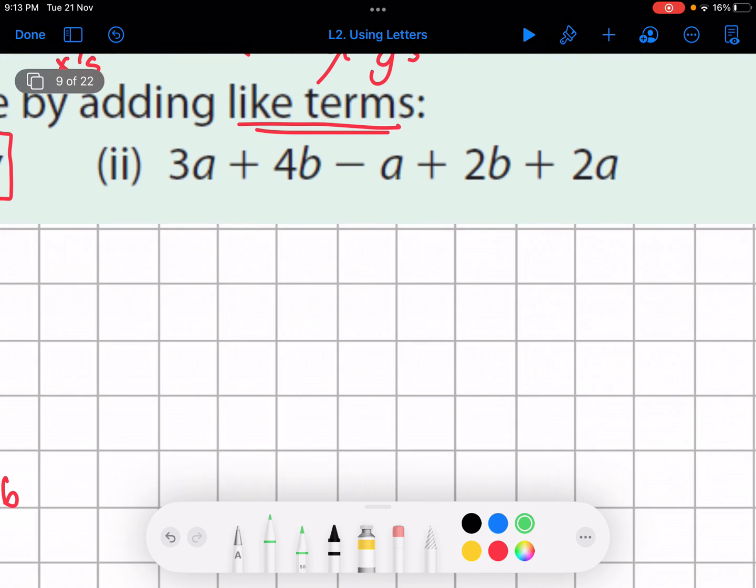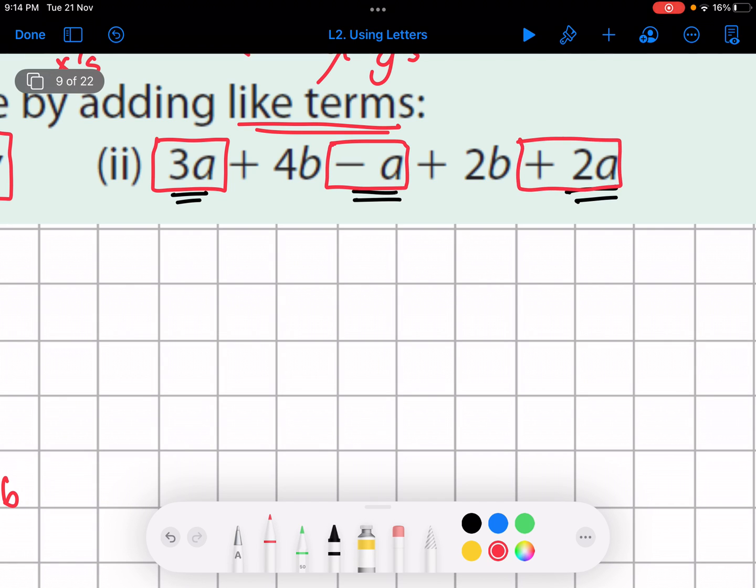Let's do the next one again. So here we have 3a is one like term. We have a minus a here. We have a 2a. So these, 3a minus a and plus 2a, are all a's.